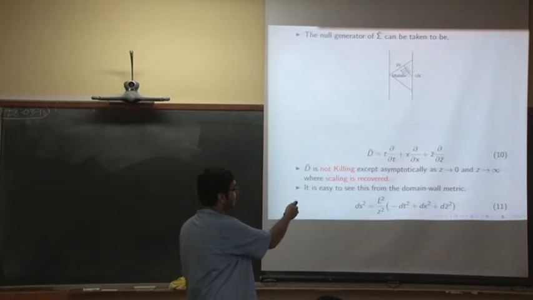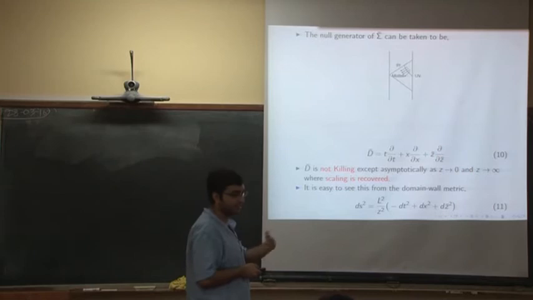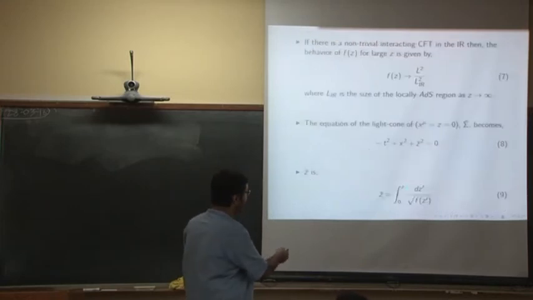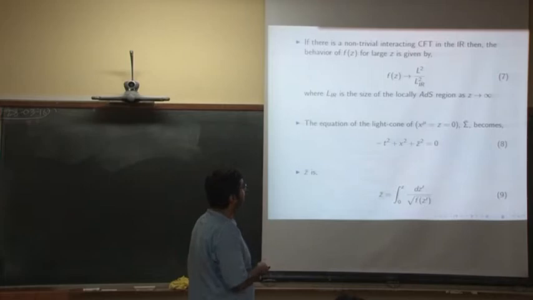That will cancel with this z bar. z bar is just a constant multiple of z as z becomes large. That can be easily seen from here as z becomes large. You can actually just solve it from here, right? I can absorb those scales in t and x. Yes, that's what you mean. Right.